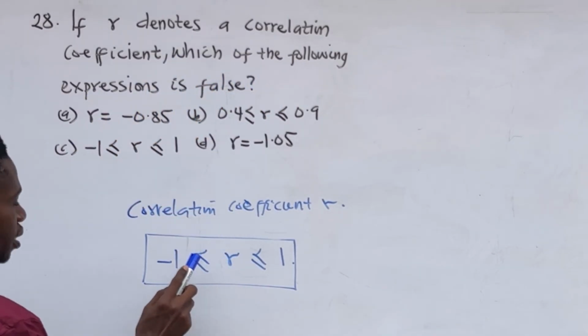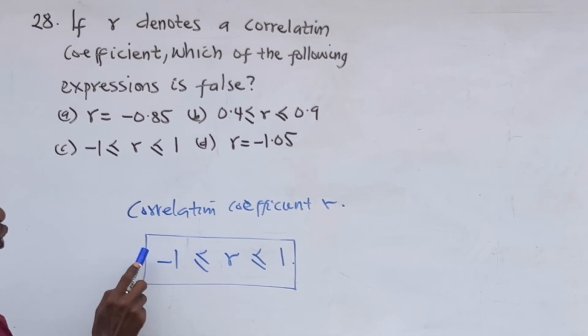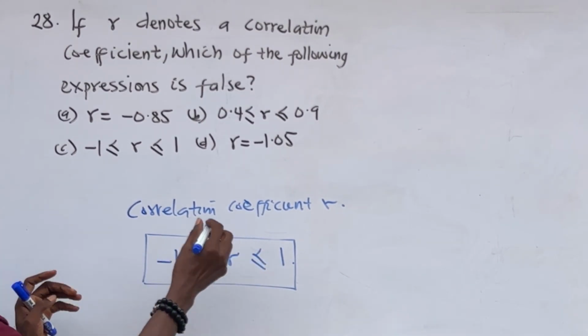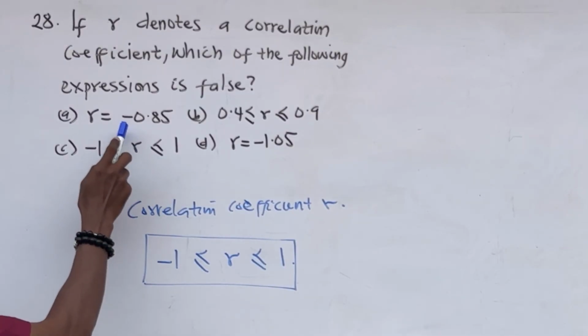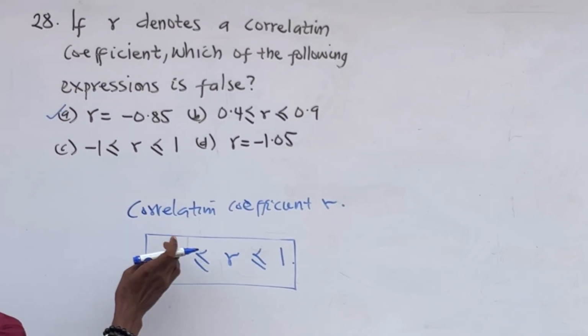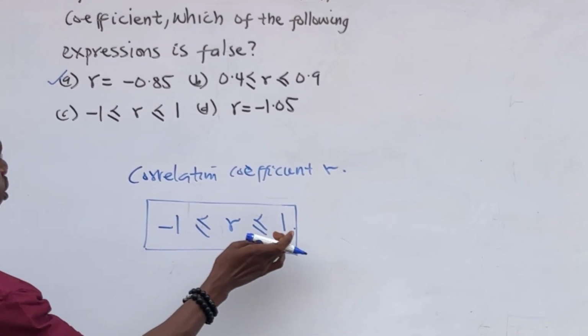Now watch, R is greater than or equal to -1 and it's less than or equal to 1, so it's between -1 and 1. So in this first case, -0.85 passes because it is still between -1 and 1.